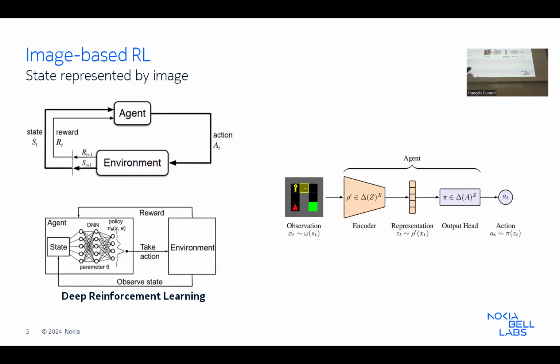But typically, what you'll first do is feed it through some sort of encoder that will give you a representation of the state, and you could think of this as saying, oh, okay, there's a yellow key in the top left and a yellow door at the top, etc. So we get this representation of the space, and then you can take this representation and feed it through another neural network that then gives you some output.